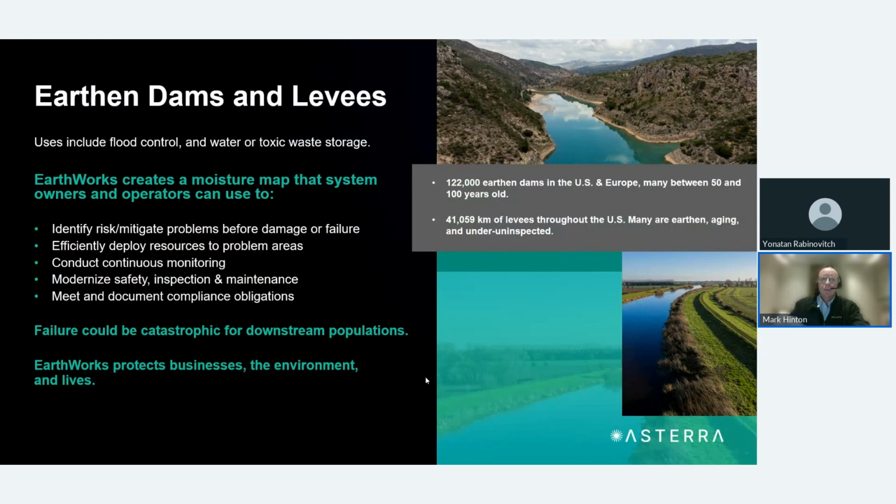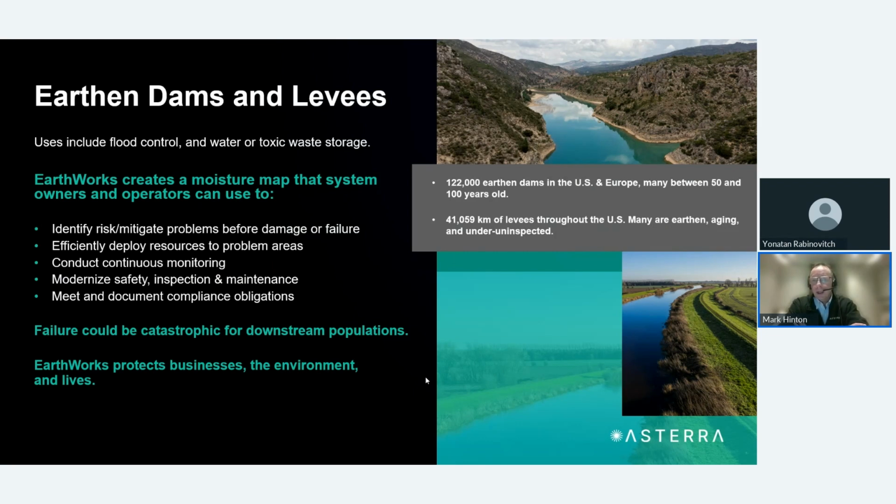So here are some points around the value proposition for earth dams and levees. Often they don't have problems very often, but they're highly critical structures because failure, when it does occur, can be very quick and catastrophic, and unfortunately can lead to loss of life, and the downstream communities are often very adversely affected.